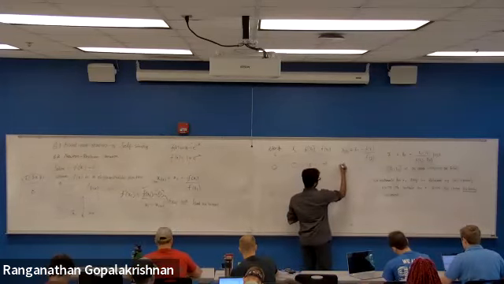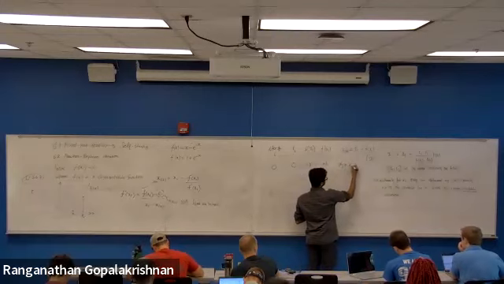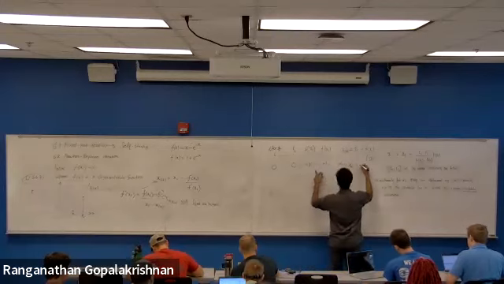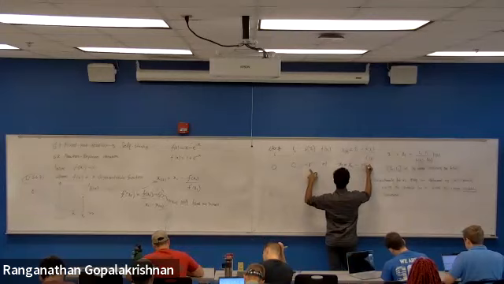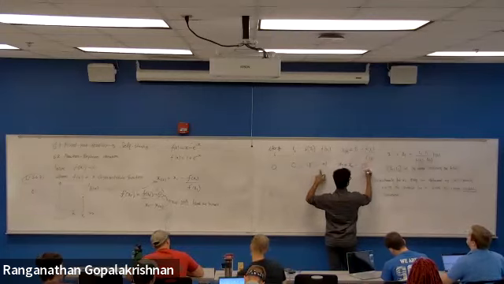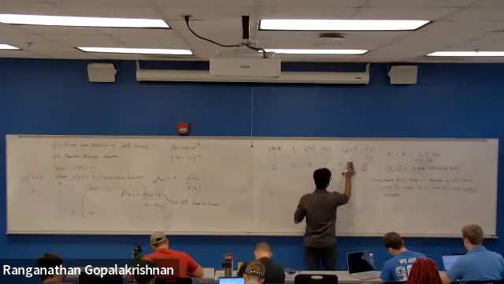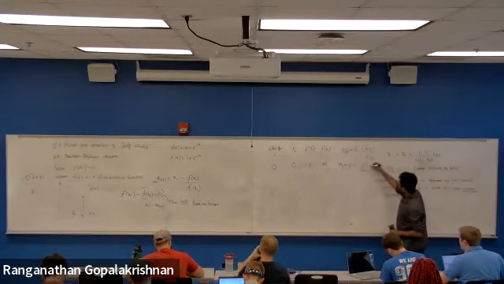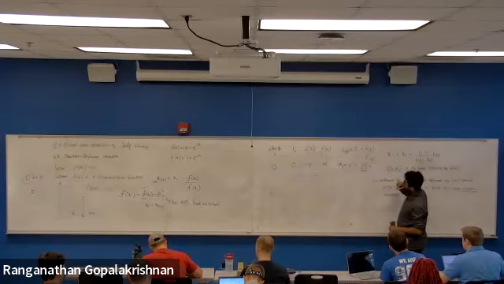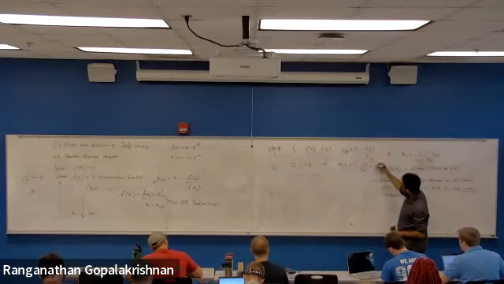So my x1 is x0 minus, what is f of x0, this is minus 1 divided by plus 1. And what is my x0? So my x1 is 1.